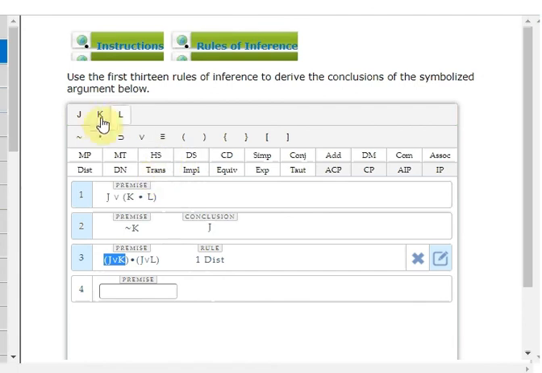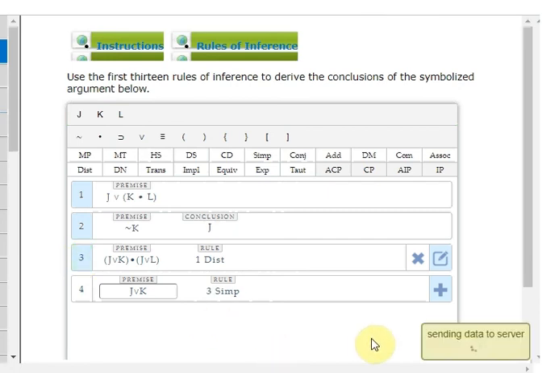So basically that means that for this line we could have J or K. Okay, and what we did is called simplification. That's how we pulled it out of there, right? And we applied simplification to premise 3 or line 3, right? So that's what we did. At least we could do that, right?